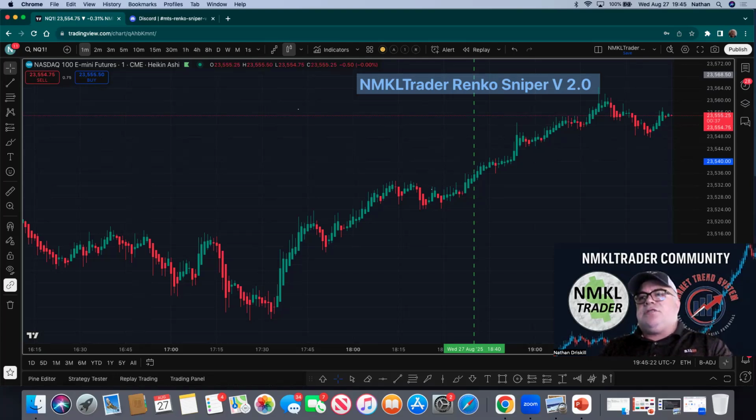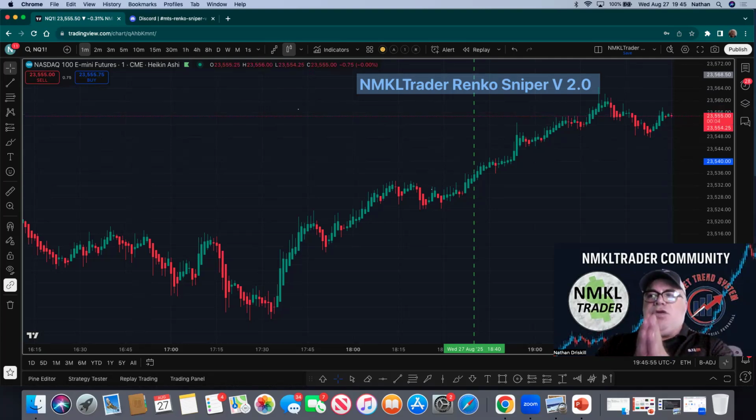Now, when I use the word instrument, within futures, different instruments are like NQ, ES, GC for gold, SI for silver, all these different financial instruments within futures markets. It breaks down. Every one of them has a different Renko bar size when trading them. And you have to understand that.